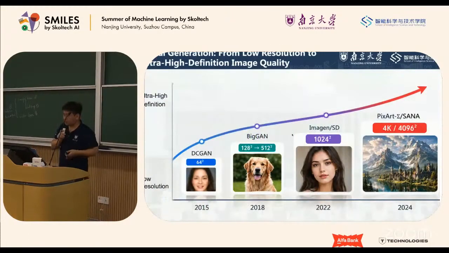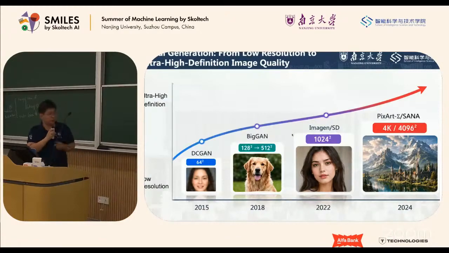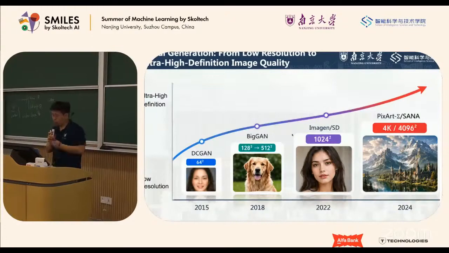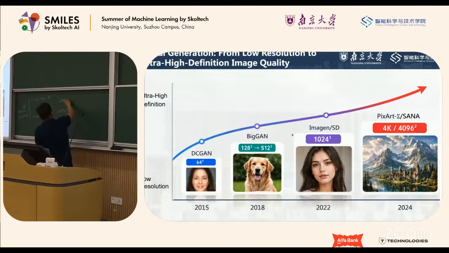This slide reviews the evolution of image resolution in visual generation. Going back to maybe 2014, the field progressed from low resolution GAN or DCGAN outputs.